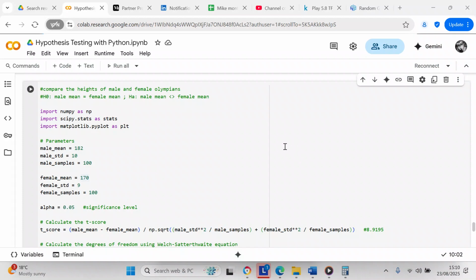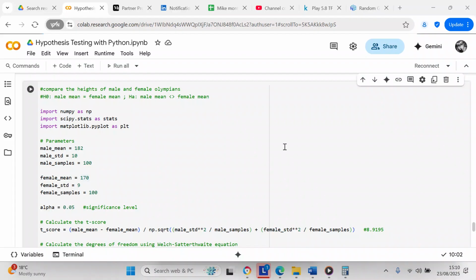So after we have imported our 3 libraries, we need to define our parameters. The male mean is 182 centimeters. The male standard deviation is 10 centimeters. And the male samples are 100. The female mean is 170 centimeters. The female standard deviation is 9 centimeters.